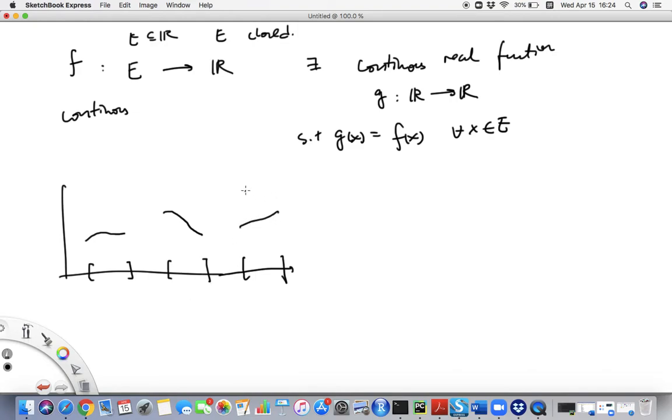All right, now we have to show we can construct a function g that is continuous globally on R and agrees with f on these intervals. So you can imagine g probably can look something like that. So it's continuous. All right, so you just connect them. Okay, so g is an extension of f.